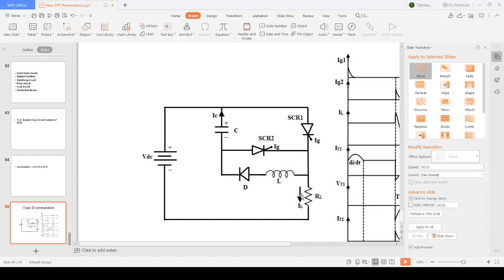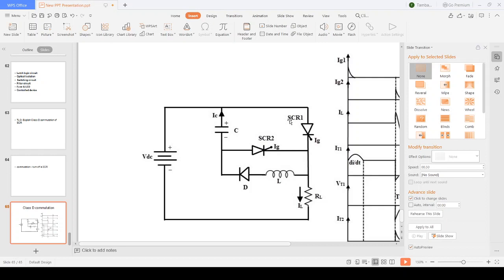SCR1, here in this diagram, is the main load carrying SCR, and SCR2 is called the auxiliary SCR. We will see what is the reason behind this.